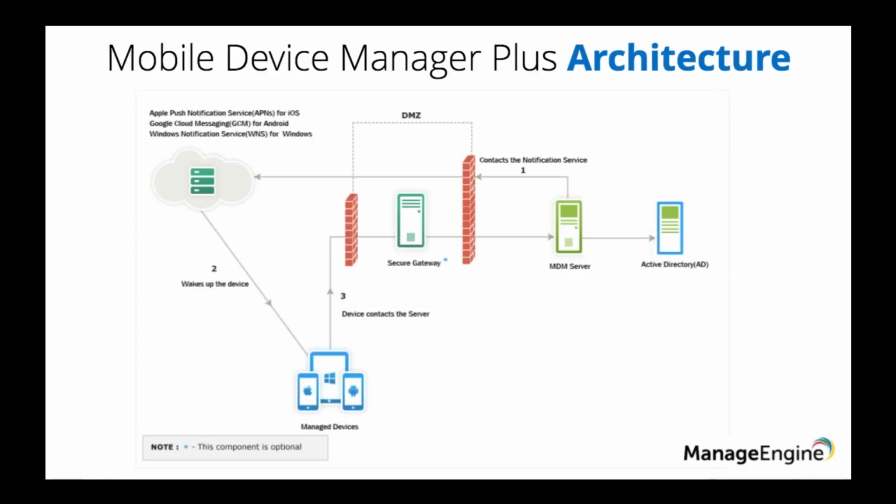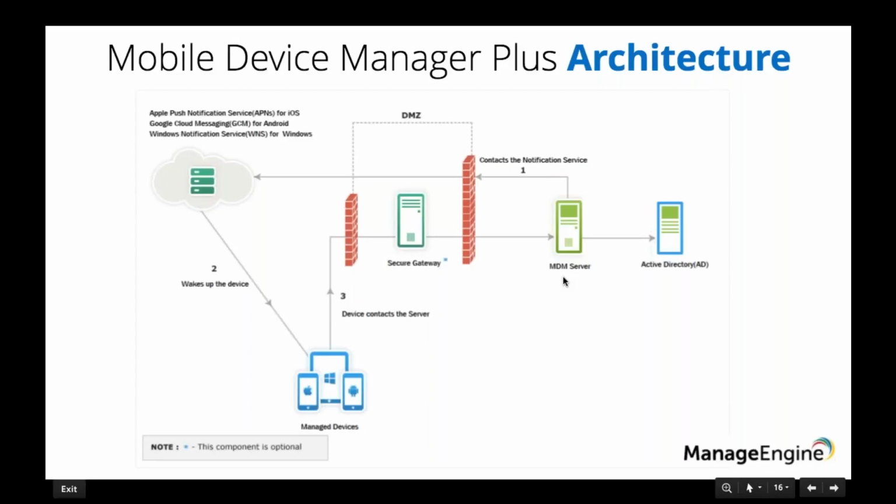Instead, the MDMP server contacts the notification services, which in turn wakes up the device, after which the device interacts with the server. As seen here, the notification services are platform dependent with Apple Push Notification Service or APNS for iOS, Google Cloud Messaging Service or GCM for Android, and Windows Notification Service or WNS for Windows.